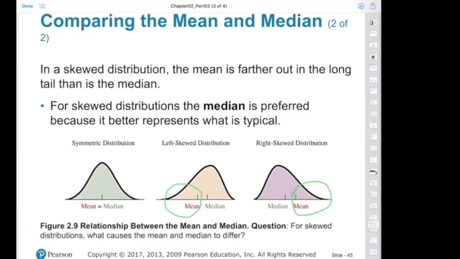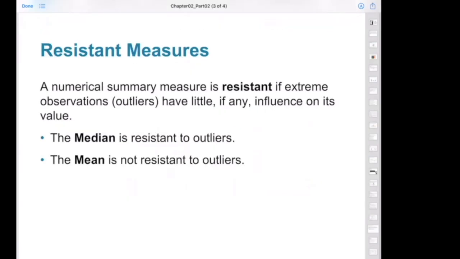But if you don't have outliers, the mean will be the best measure of center of the data. So what we talked about, being robust, or not shifting toward the outliers, means resistant measures. So this topic is about resistant measures.